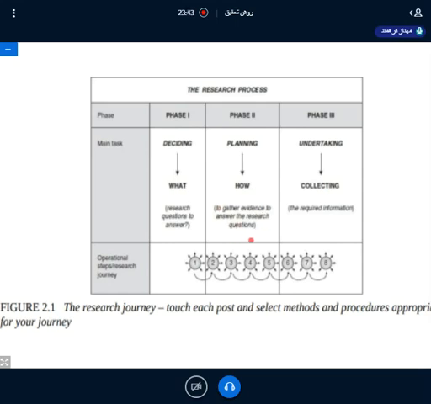So this step is very, very important for the instruments, the way of research, the data, and we are going to plan how we can do the research.